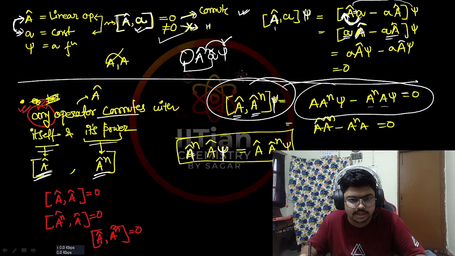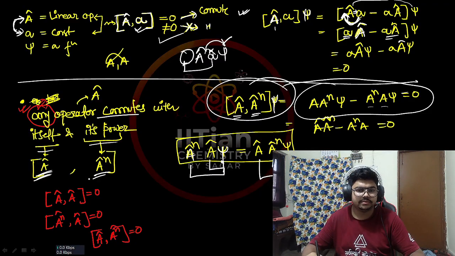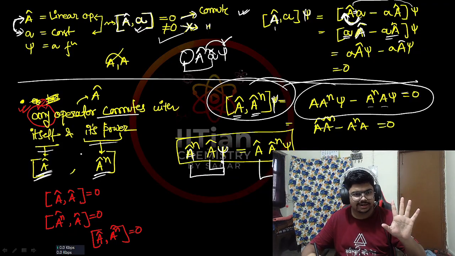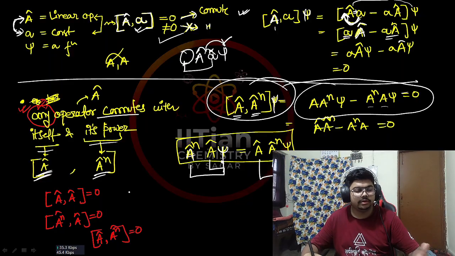That means on psi, if A operates first and then A to the power n, it is the same as if A to the power n operates first and then A operates. So any operator commutes with itself and its power. For that, the commutator of A and A will be 0, A to the power n and A will be 0, and A and A to the power n will also be 0.